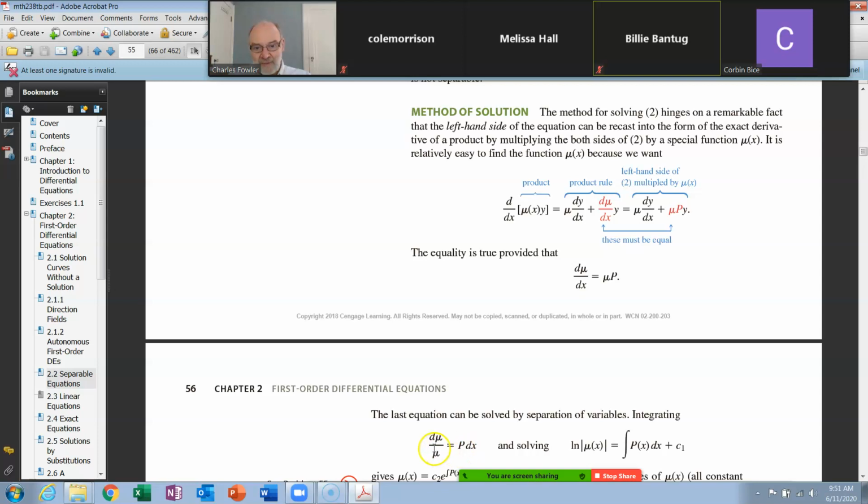If you integrate both sides, this gives you log of the absolute value of μ, and remember μ is a function of x. You need the absolute value bars because you can't take the log of a negative number. And this just becomes the integral of p of x dx, plus some constant.